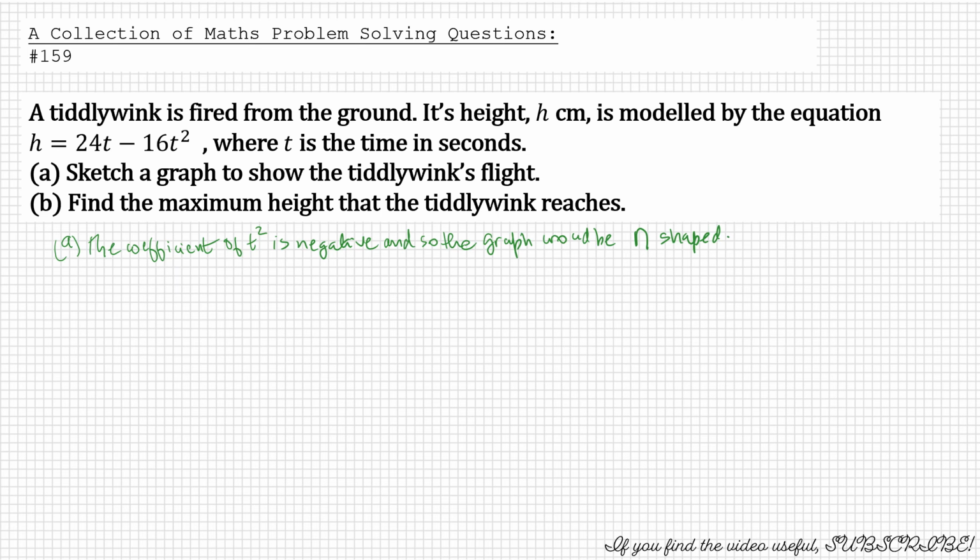So the t-intercept, when h is 0, then you would have 24t minus 16t squared equals 0, which implies, if you factor out 8t, that would give you 8t times (3 minus 2t) equals 0.